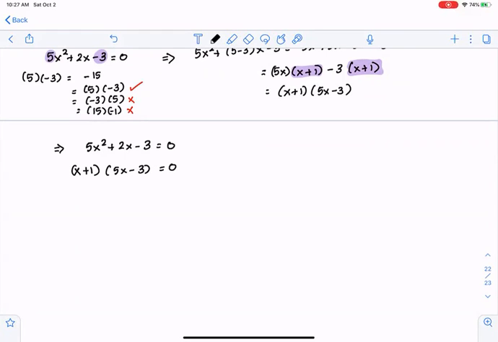If we set each factor equal to 0, x plus 1 would equal 0, 5x minus 3 would equal 0. x is negative 1, 5x would equal 3, divide by 5 on both sides, x would be equal to 3 over 5. And that is the final solution.